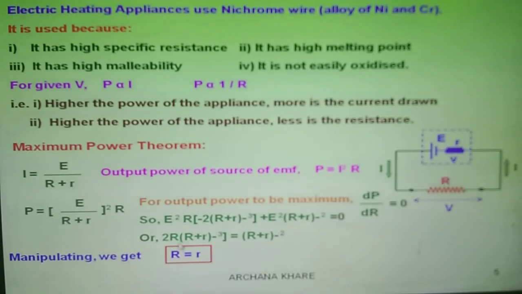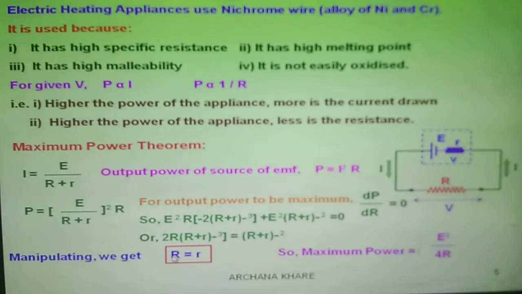So this minus 1, when taken to the denominator, we can write 2R upon R plus r is equal to 1. So this R plus r goes this side, so we get 2R is equal to R plus r. This R when taken on the other side, 2R minus R is equal to small r. So this is how R is equal to r. On simplifying, we get R is equal to r.